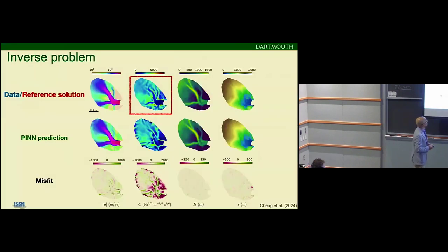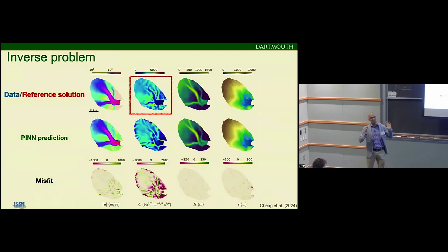And this is just an example of how it looks when we feed in all the data on the top row except the red box. The red box is a solution from a traditional numerical method, ISSM, just for comparison. The middle row is the PINN prediction, and the last row is the misfit.